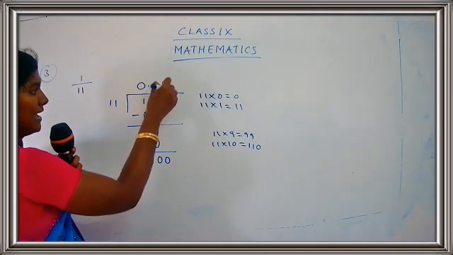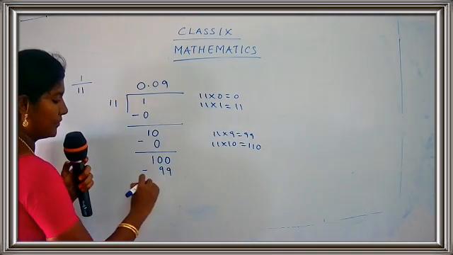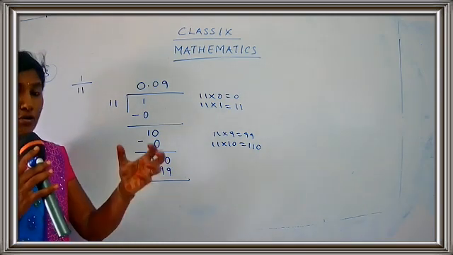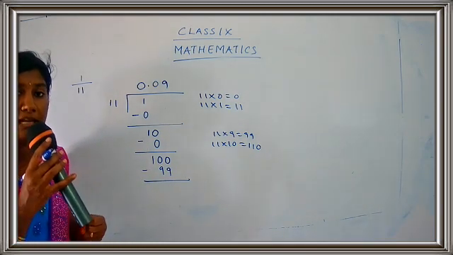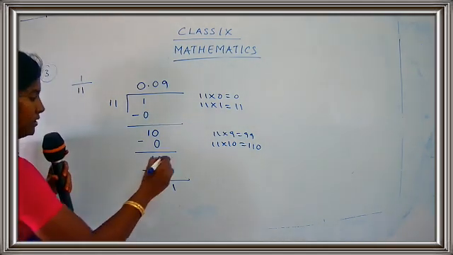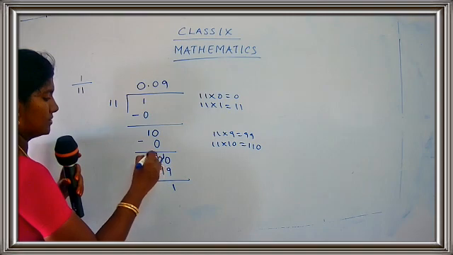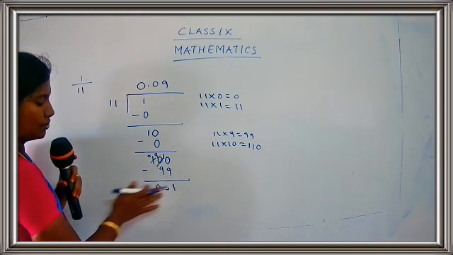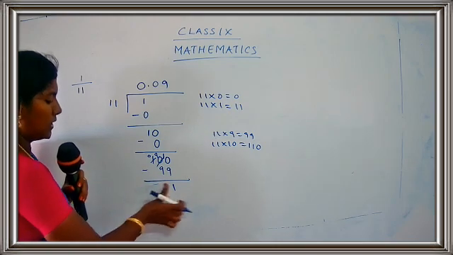So 11 9s are 99. Children, what is 100 minus 99? From 100, you take 99. So what will be left? Only 1. So 10 minus 9 is 1, 9 minus 9 is 0, and 0. No need to mention the zeros. We'll just take 1 here.